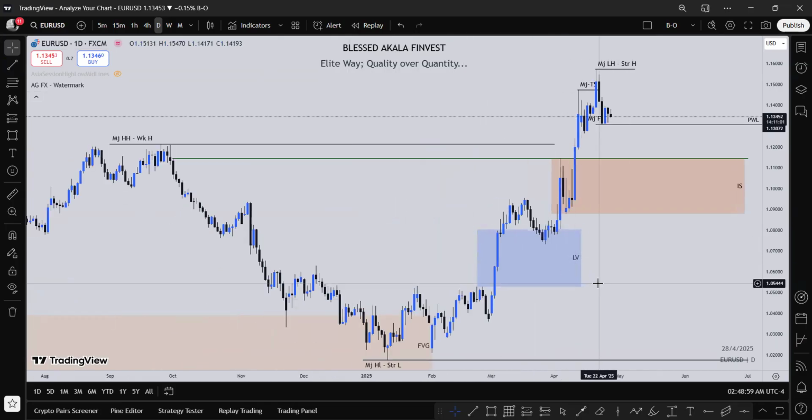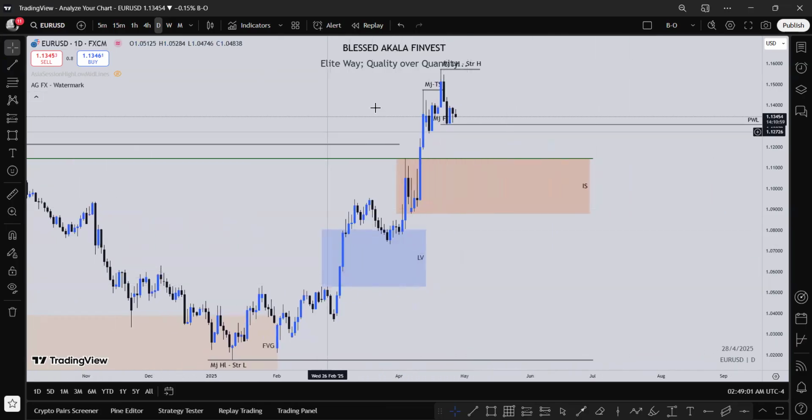So we are expecting from this level, long term, this particular leg to come down to this level for us to kind of have the mitigation of this internal structure that we have here and move into the highs.